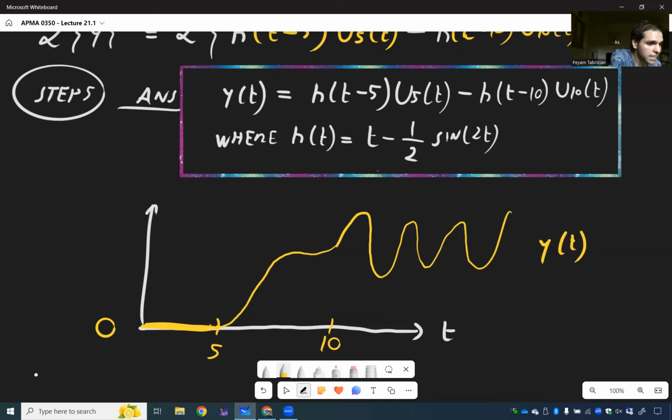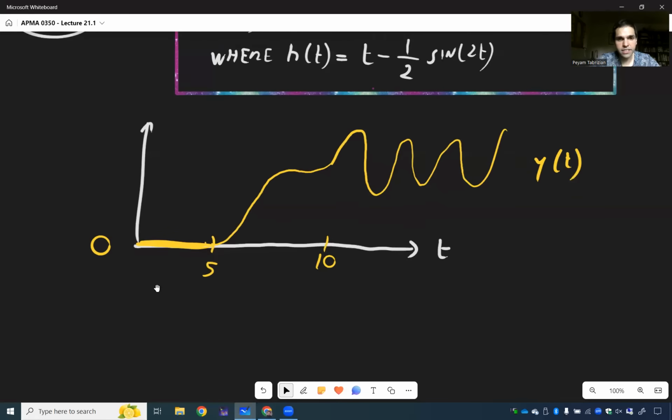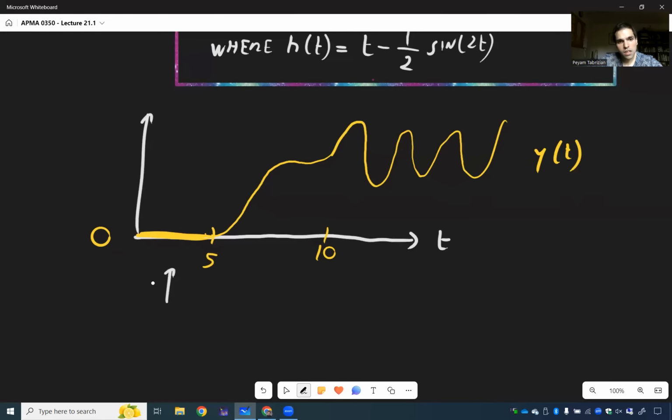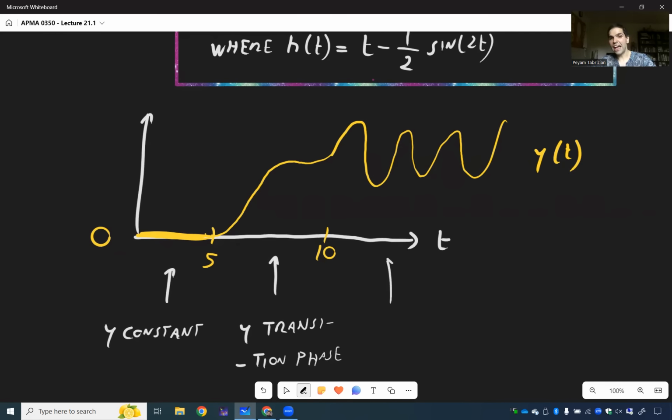Once again, there are 3 regimes here. One where y is constant. Between 5 and 10, y is in a transition phase. And then after 10, y becomes sinusoidal.